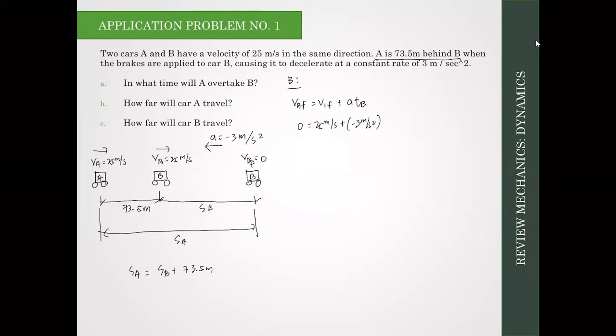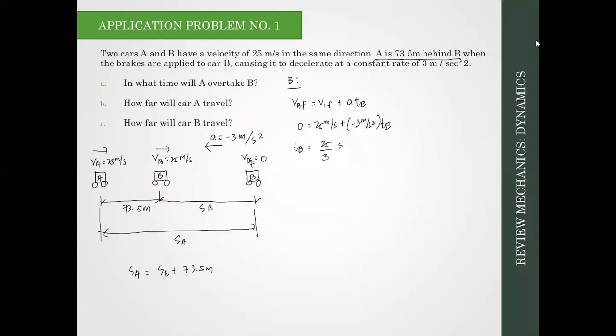Again, deceleration tayo kaya negative siya. Opposing tayo ng action natin, ng movement natin. Kung to the right yung assumption natin ng movement ng car natin, si deceleration or si acceleration is opposing that direction, kaya negative siya. Then we have there TB. Then transposing that, we will have TB is equals to 25 over 3 seconds.